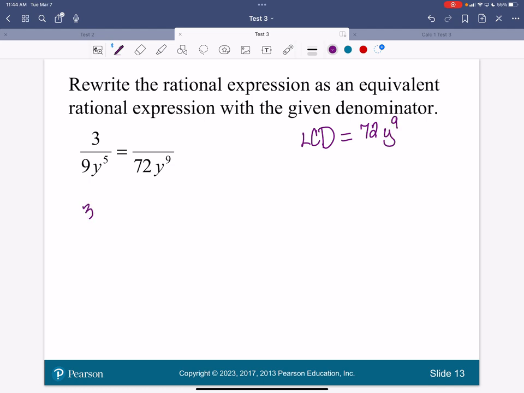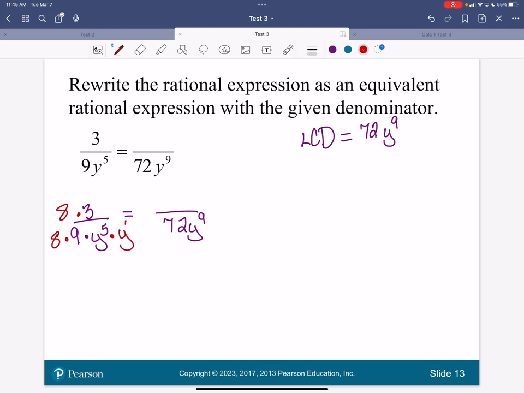So what I'm going to do is look at what this fraction is missing. Here's 9. What do I need to do to 9 to get to 72? It's going to be 8. I have to say 9 times 8. So if I multiply this times 8, what do I have to do to my numerator? Multiply by 8. Now, y to the 5th, what do I need to multiply y to the 5th by to get y to the 9th?